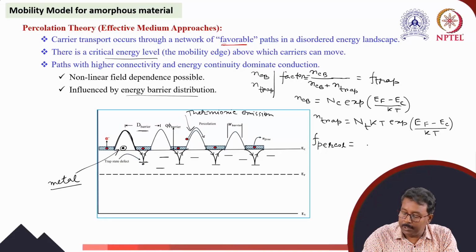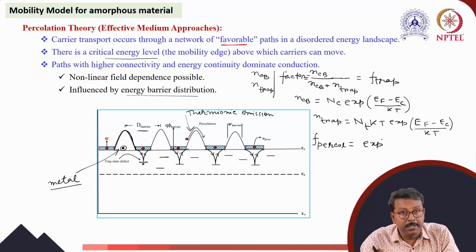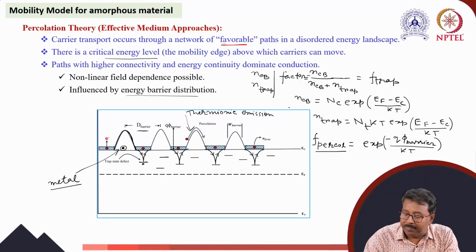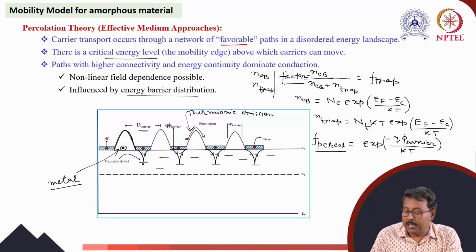This fraction can be written as follows: with increasing barrier height it decreases, so exponential of minus Q times phi barrier, in volts. Q times phi barrier gives you energy, divided by KT. In this way you can model it.